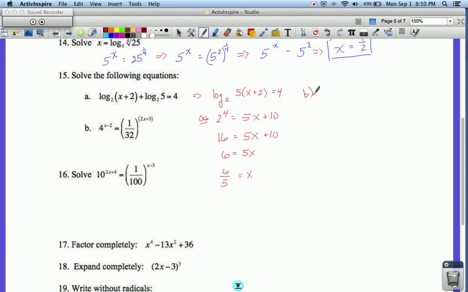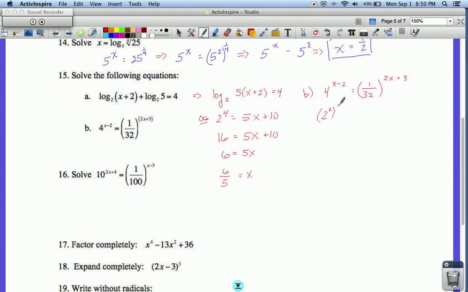B, 4 to the x minus 2 equals 1/32 to the 2x plus 3. I'm actually just going to rewrite that one here to start. 1/32, 2x plus 3. So we have to figure out what 4 and 32 have in common. They can both be written as forms of 2.